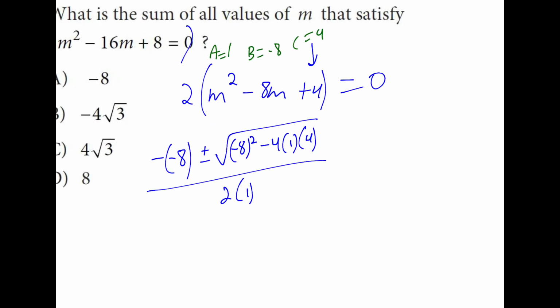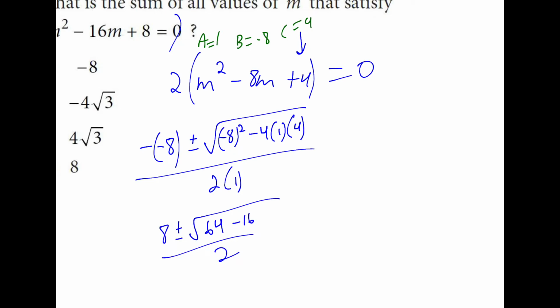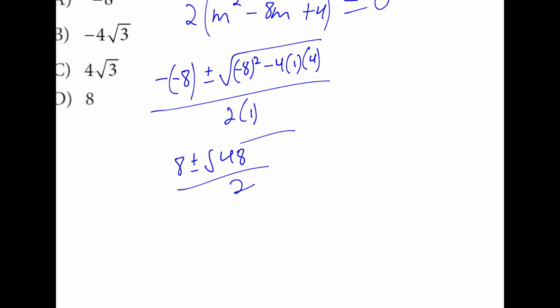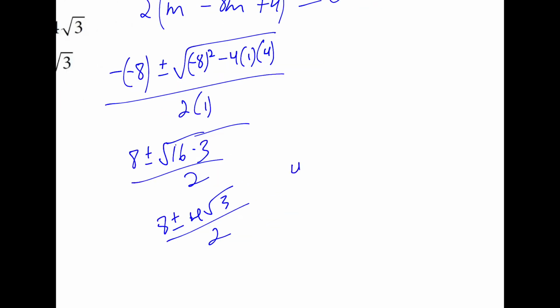We plug in like this, which simplifies to this, and then this becomes root 48, which we can change to 16 times 3. Then we have 8 plus or minus 4 root 3 all over 2. If I divide everything by 2, this becomes 4 plus or minus 2 root 3.